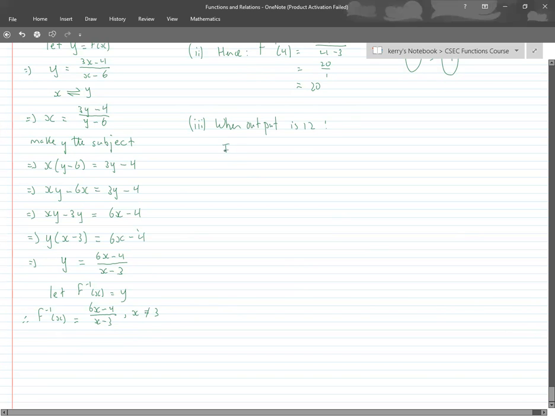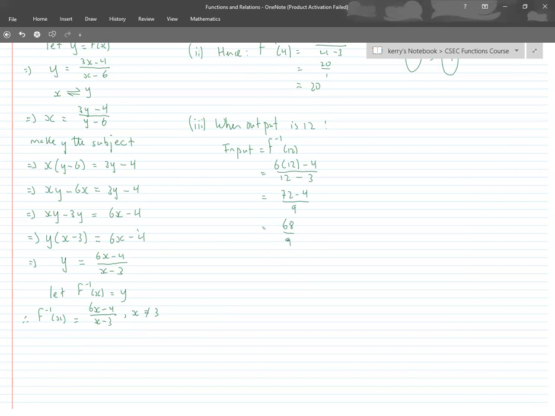So the input is equal to f inverse of 12, which is 6 into 12 minus 4 all over 12 minus 3, which is 72 minus 4 all over 9. And this will give us a nice little fraction, 68 over 9. Right, and that's essentially how we work with these questions here.